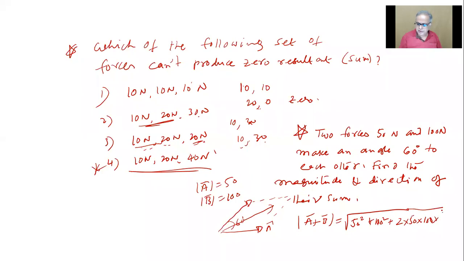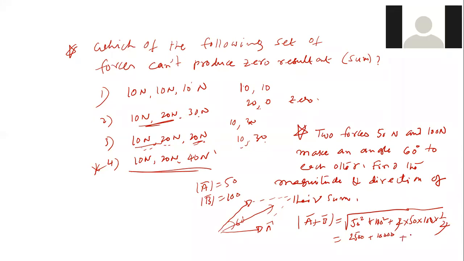Cos 60 is 1 by 2, cancel, right? So this is 2500, this is 10,000, this is 5,000. So add up. So it's 50 root 7. So the answer is 50 root 7.